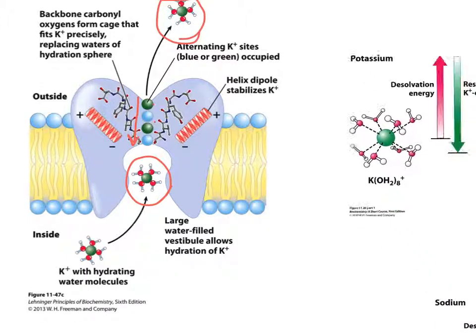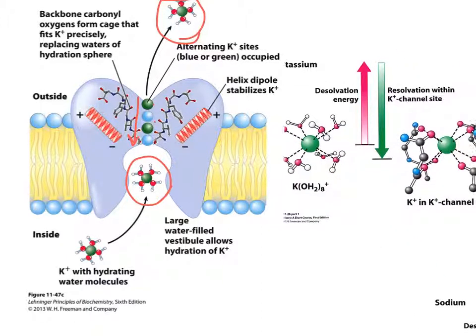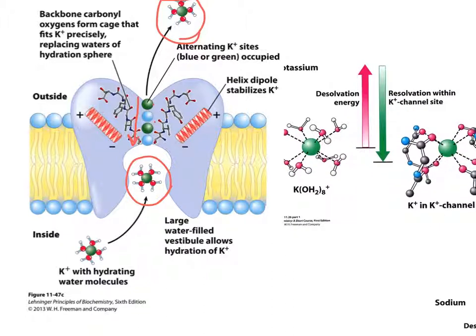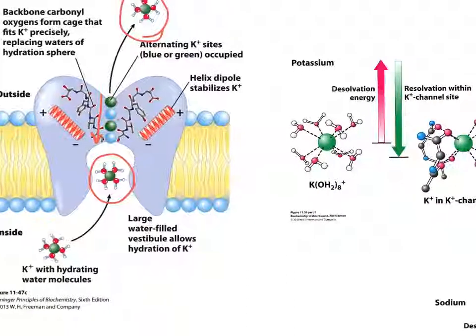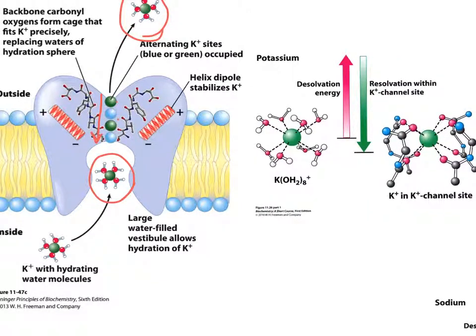If we want to look at how the ion channels achieve their selectivity, there is a desolvation energy associated with removing the water molecules from the hydrated potassium ion sphere prior to binding in the ion channel.